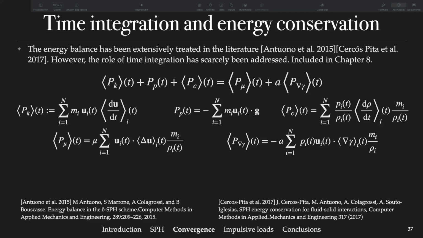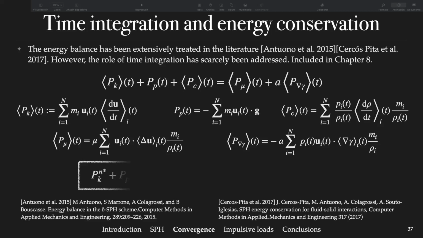So you may note that I have made explicit the dependence on the time of all these terms. Now, actually, these quantities have been considered here as continuous functions of time, because we have talked about the spatial discretization, but we have said nothing about the discretization in time. And obviously, the discretization in time should also play a role.